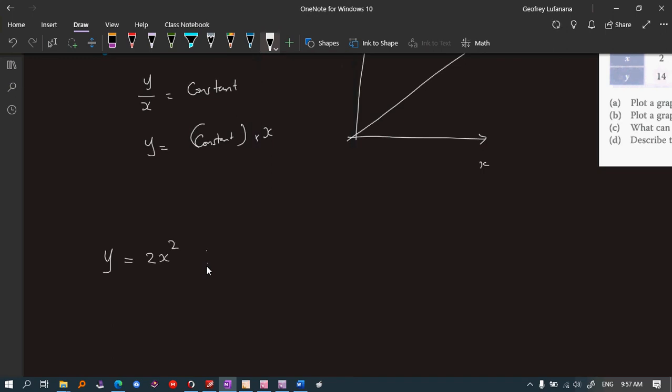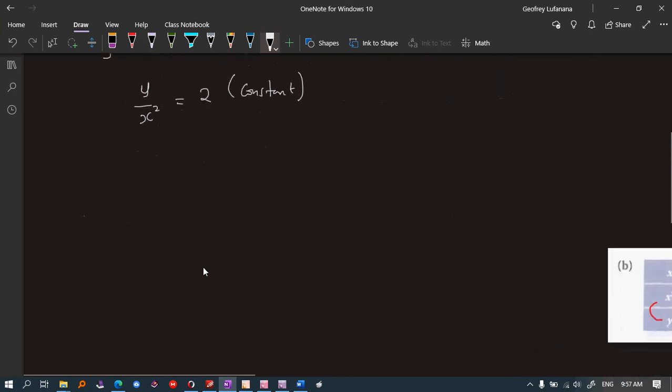It means that y is directly proportional to x squared, not just x, but x squared, such that you can do y over x squared equals 2, and 2 is a constant. Now, that is the other kind of direct proportionality. Let me give another example.